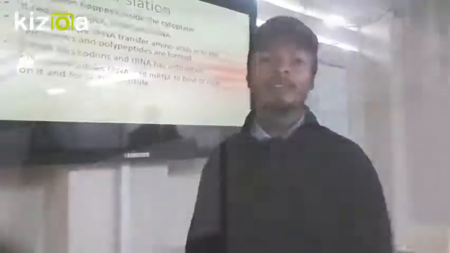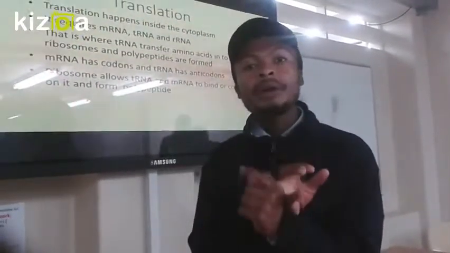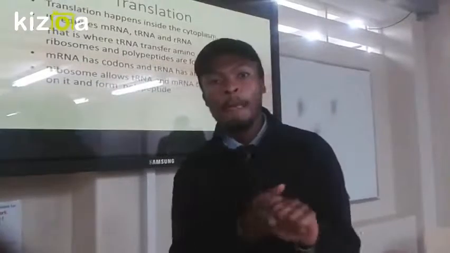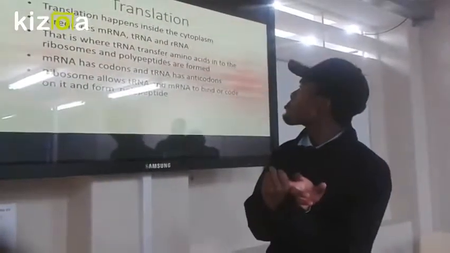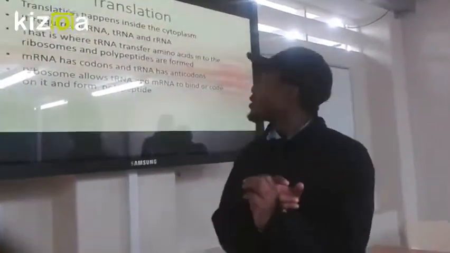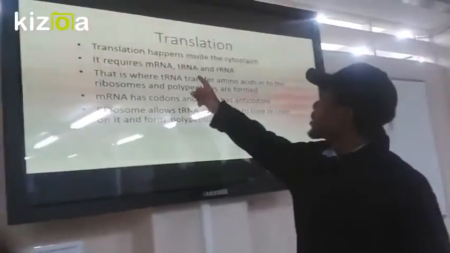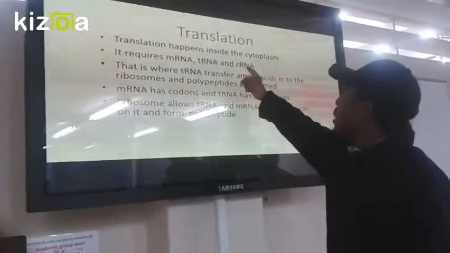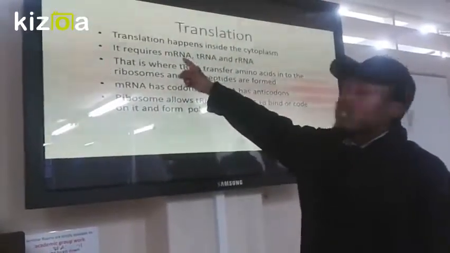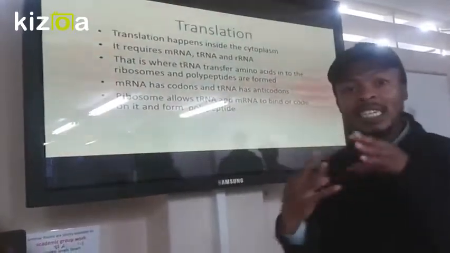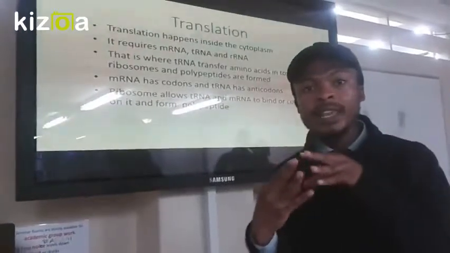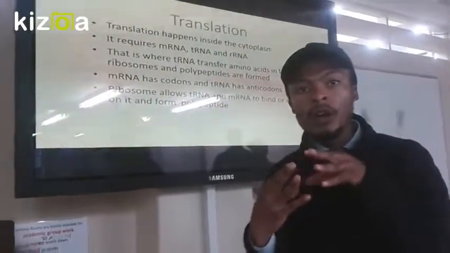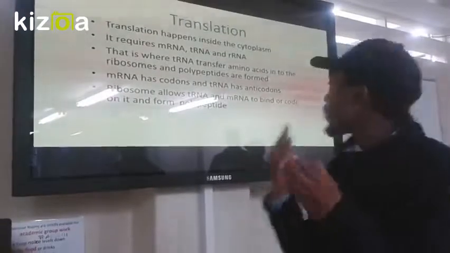I hope you have tRNA, rRNA, and mRNA. So tRNA has anticodons, and mRNA has codons, so they match each other. They bind to each other on the ribosomes.